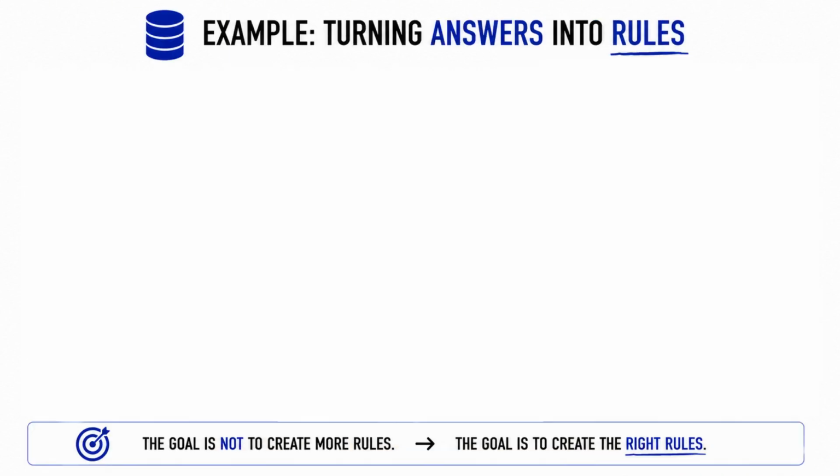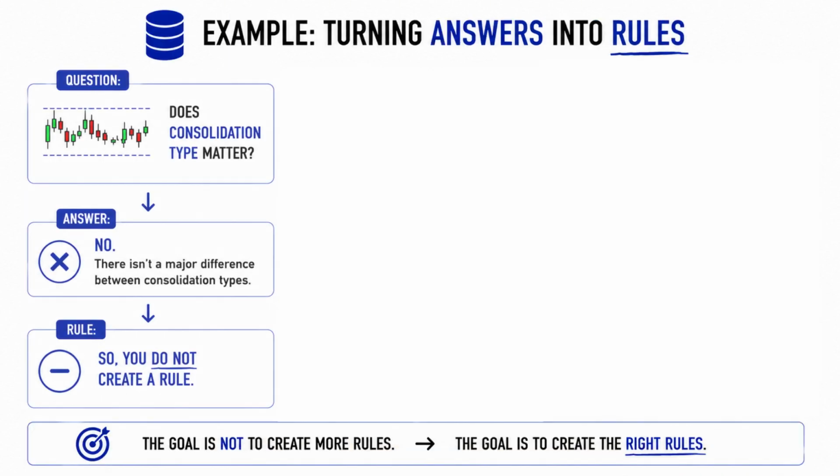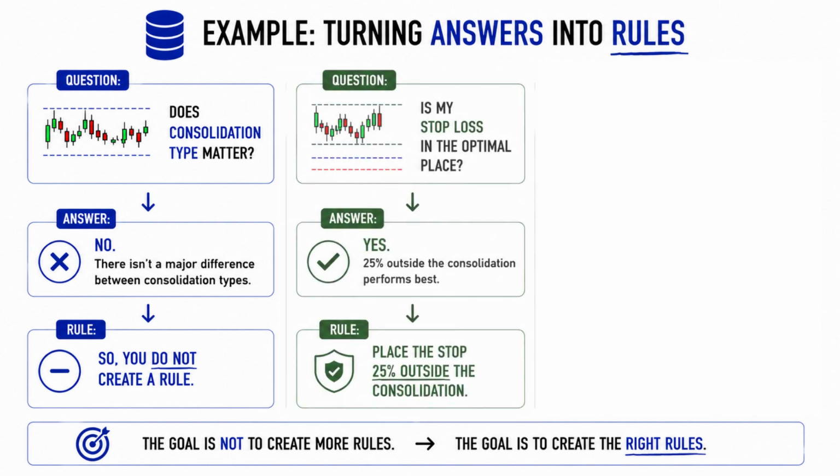For example, the question: does consolidation type matter? Well, the answer you generate from the data you collected is no, because you found that there isn't a major difference between consolidation types. Rule: well, you don't create a rule because there is no difference. Question: is my stop loss in the optimal place?